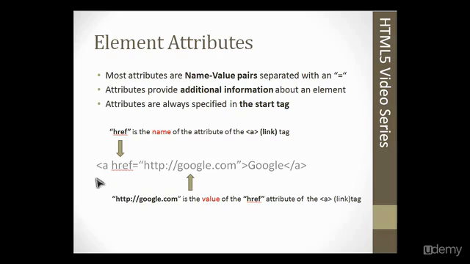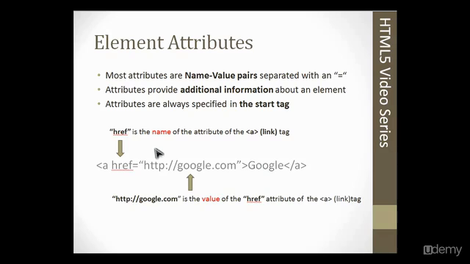So here we can see the attribute name is href and the value is http google.com, which is the link. And just like before, we have the text wrapped in an A tag, which is a link tag, and we have the text Google. So what this would look like in the browser would just be the word Google, and you could click on it and it would be a link.